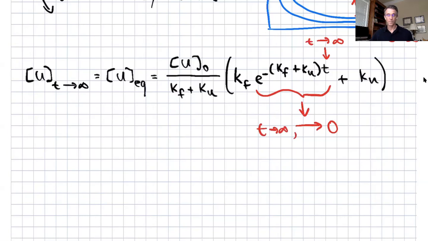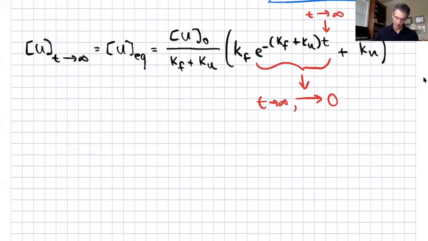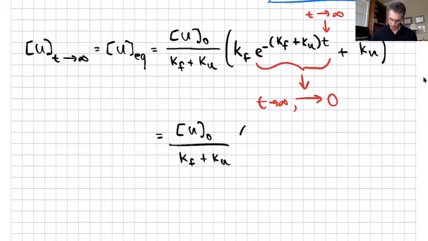Right? That lets us write this out a slightly different way. That means this equation would simply be equal to the concentration of U at time 0 divided by Kf plus Ku, times Kf times 0 plus Ku.